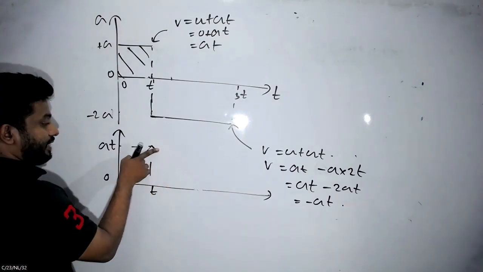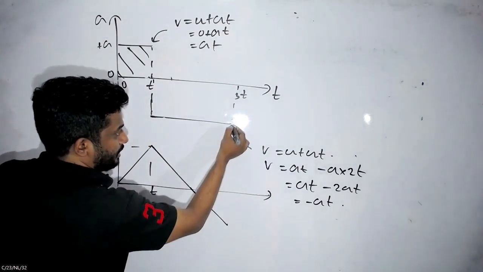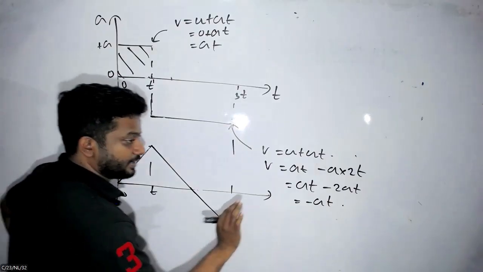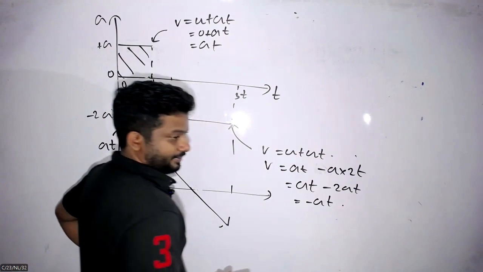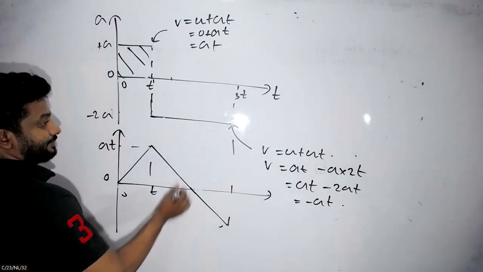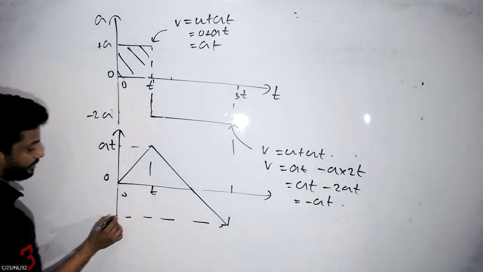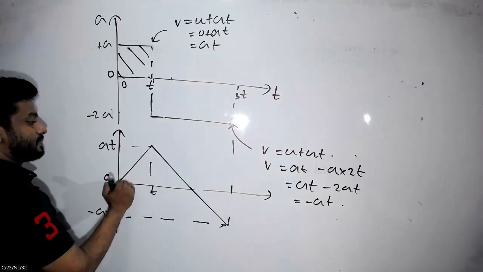Velocity first decreases up to 0, then negatively increases. Negatively increasing means the object turns back and moves in the opposite direction. Right? Final velocity is minus aT. Got it? During the first phase, the object accelerates.